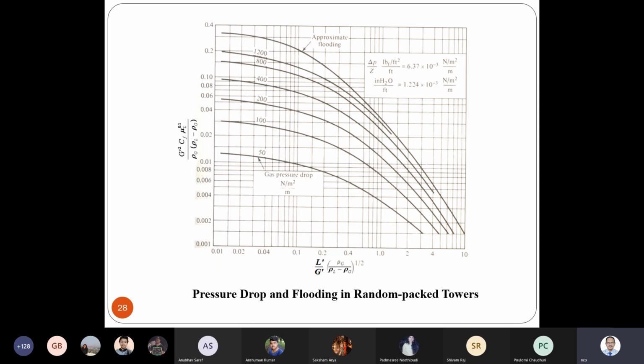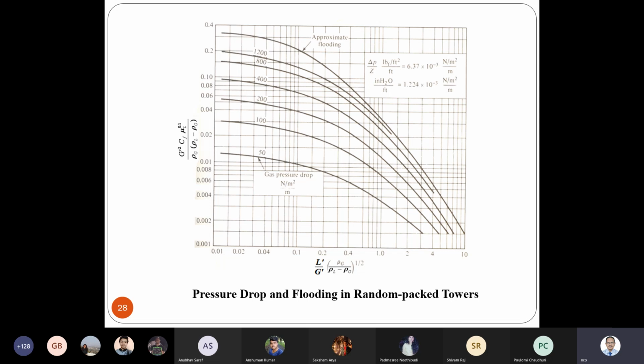So you know for your tower what these values are. Even if you may not know this, you know L and G, the liquid and gas flow rates. So L by G is the same as L dash by G dash. So instead of this, we can have L by G, rho G by rho L minus rho G raised to half, so that you know this parameter, right?